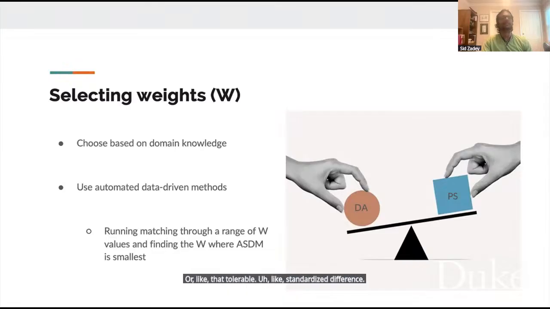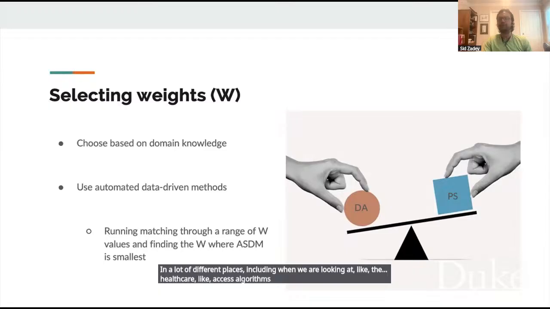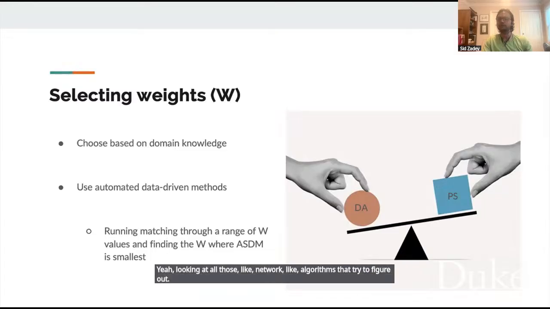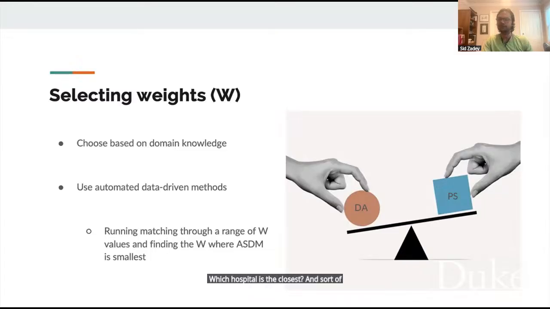We do that implicitly in a lot of different places, including when we are looking at healthcare access algorithms and network algorithms that try to figure out which hospital is the closest, and those sorts of questions.